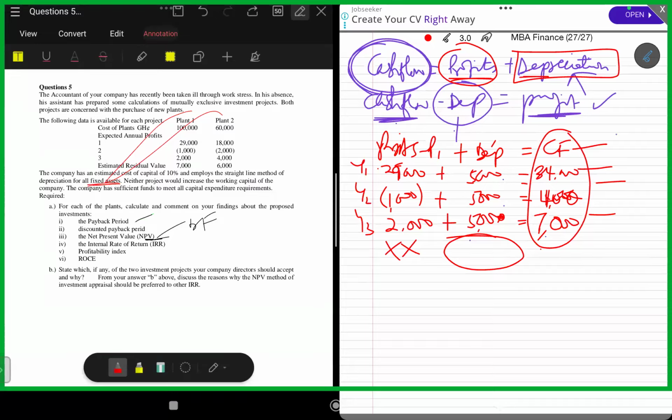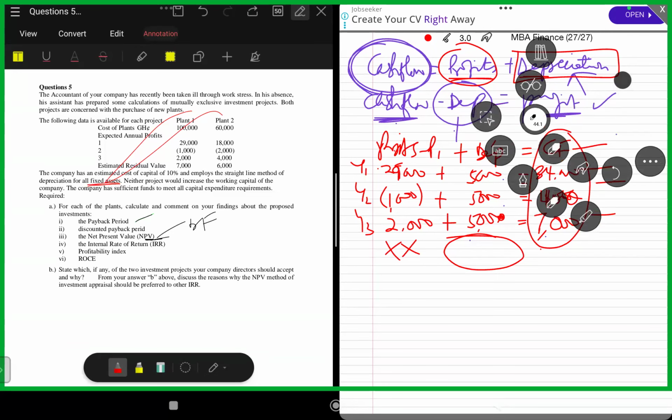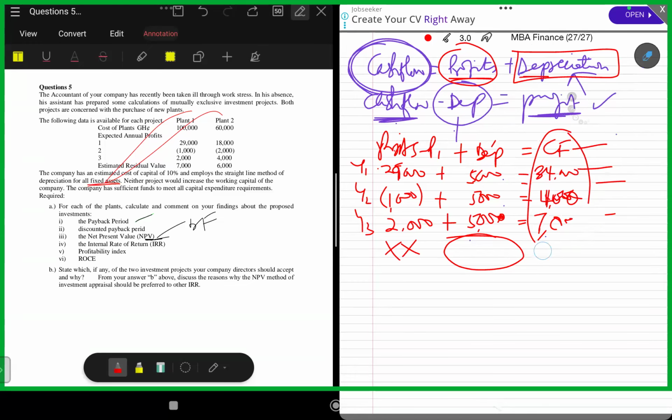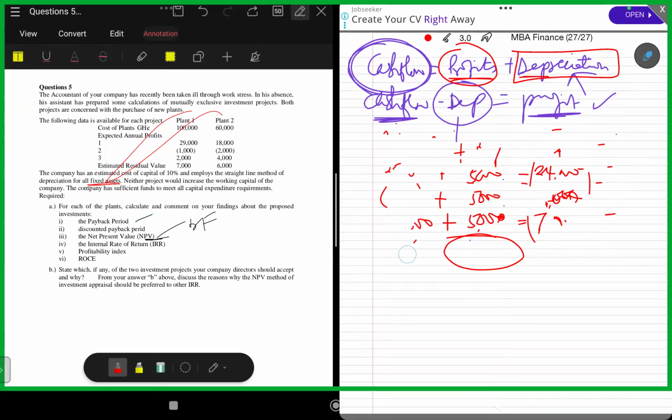Do you understand it now? Let me see whether you get it. So before we start working, what do we need to start working? You need to find your depreciation. Why do you need a depreciation?